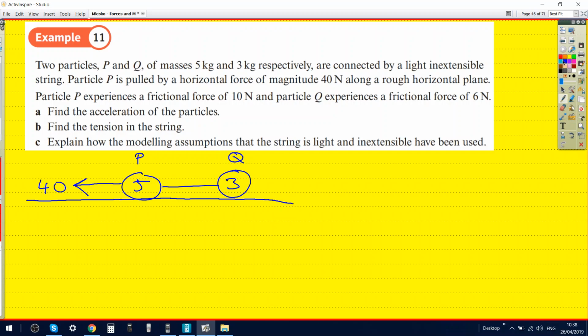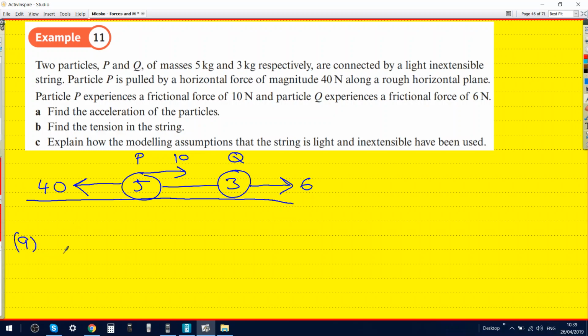So it has a frictional force against it of 10. And Q has a frictional force of 6. Hopefully that's correct. Yeah. So we want the acceleration of the particles.